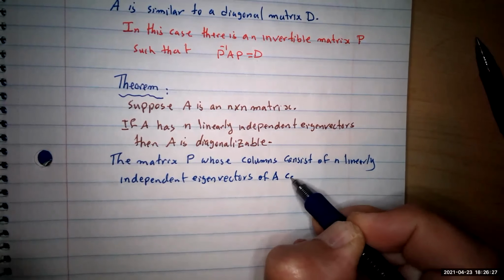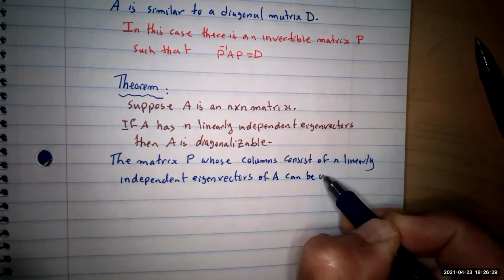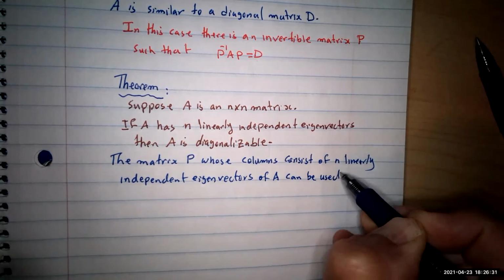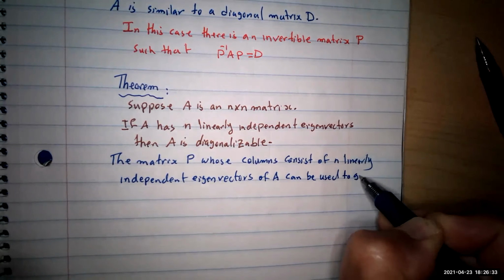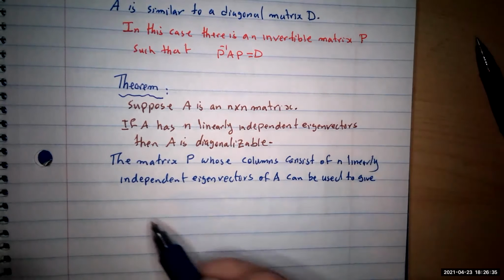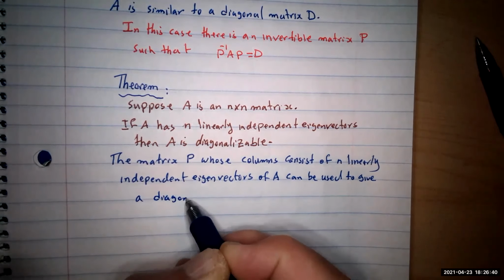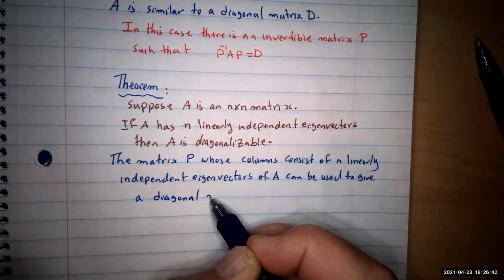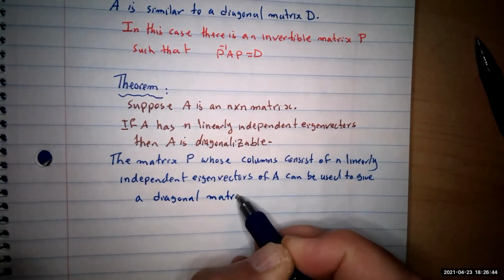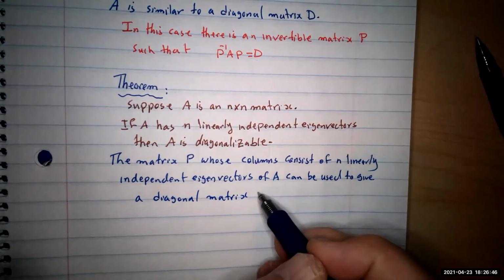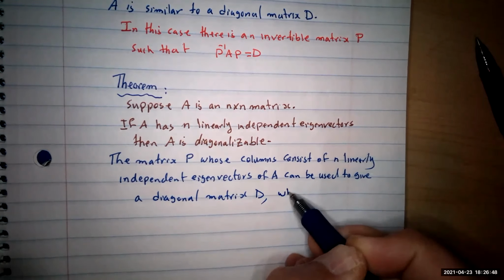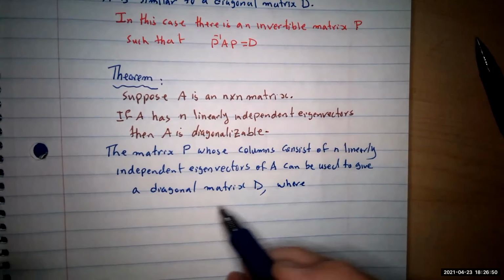can be used to give a diagonal matrix D, where what is the formula for D?